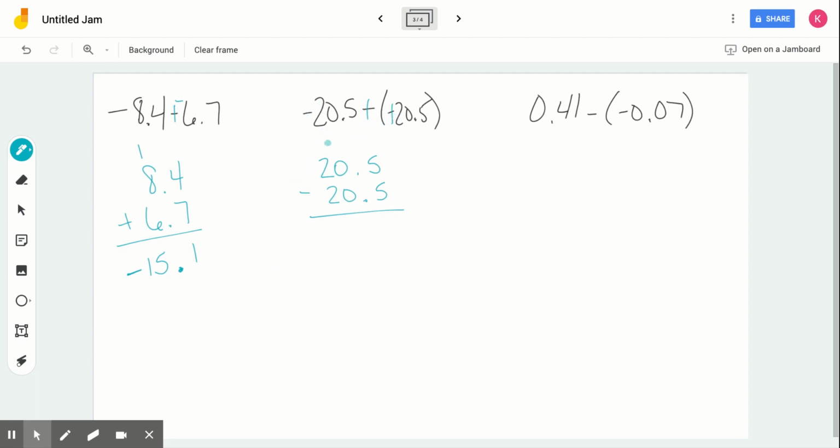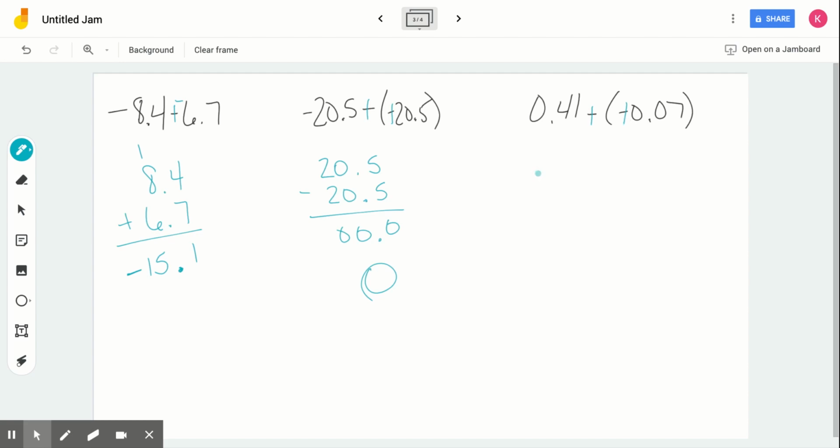So opposite signs, so again, we subtract. 5 take away 5 is 0, 0 take away 0 is 0, and 2 take away 2 is 0. So here we can see that our answer is simply 0. 0 does not need a sign, either positive or negative. Now on this number 6 here, again, we keep, we change, we change.